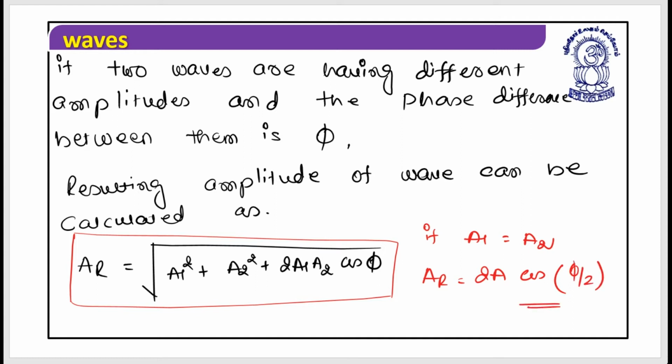And if A1 not equal to A2, then you get the resulting amplitude by this relation. I hope this is clear. Are you sure? Great. Ready for the question?